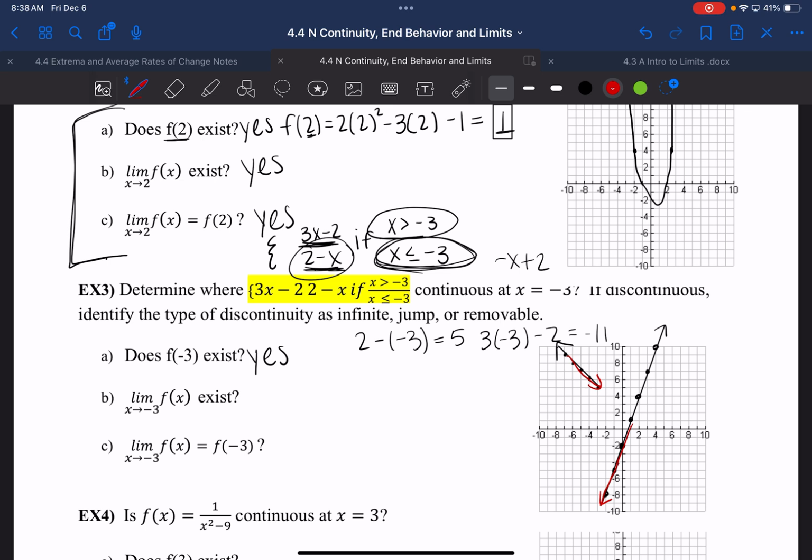So does the limit exist if we're not approaching the same place? No. So here I would have to answer no. So did we get the same answer for A and B? So these are not equivalent. So that's how we know there is discontinuity, which we can clearly see in the graph, right? We have a jump from here to here.